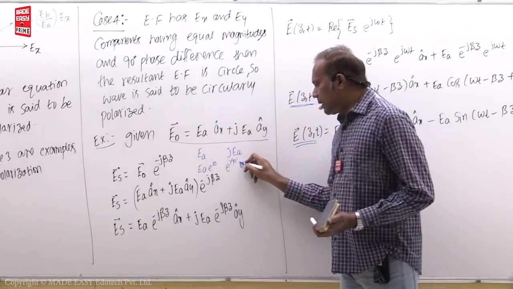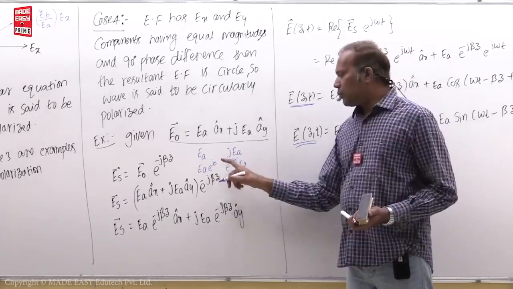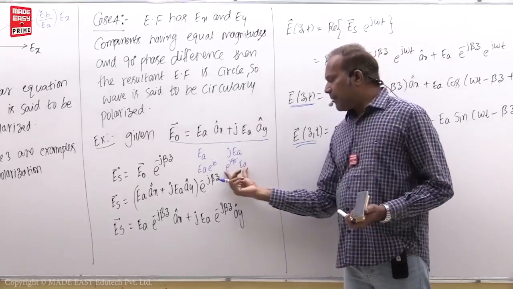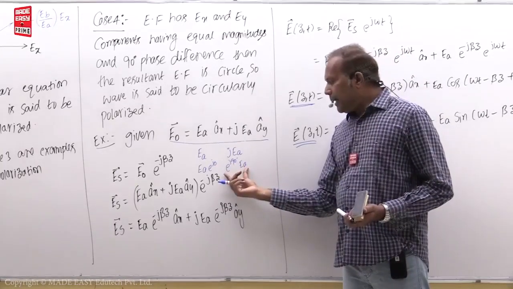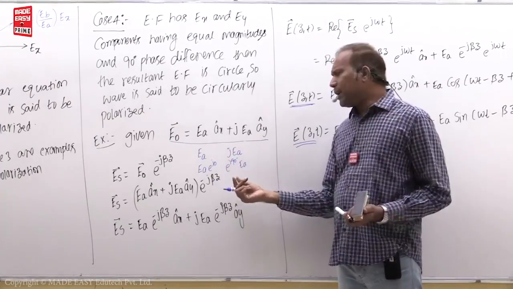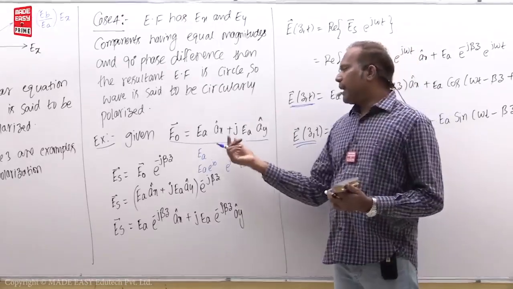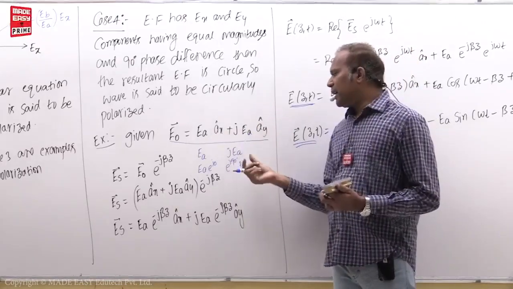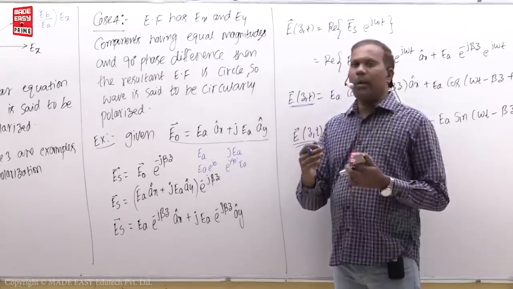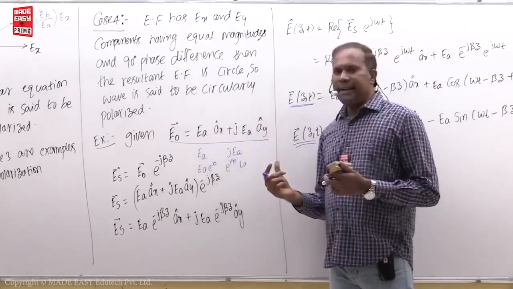This j means this has 90 degrees more phase than this one. That's why you say the y component leads by 90 degrees. Otherwise, we say for a wave traveling in the z direction, the electric field can have x and y components only. This y component is called the second component. The second component leads the first component by 90 degrees.